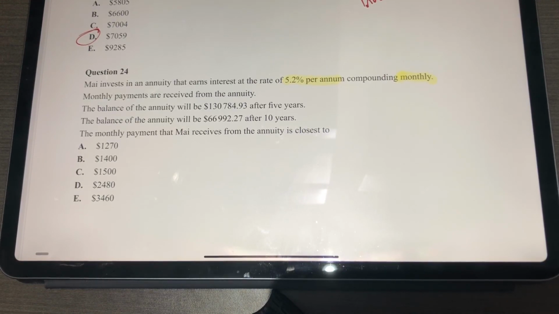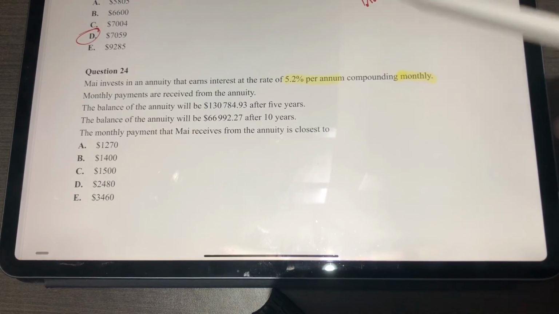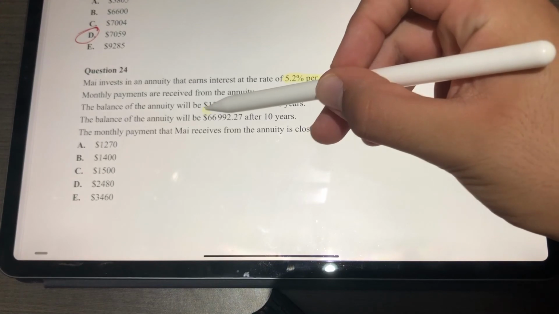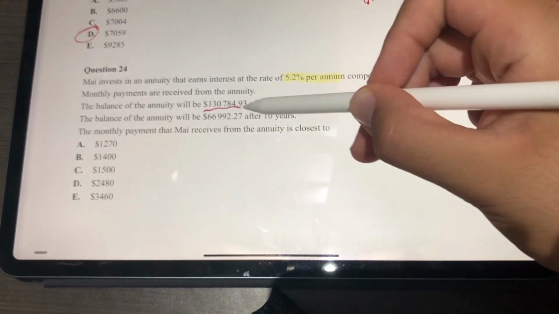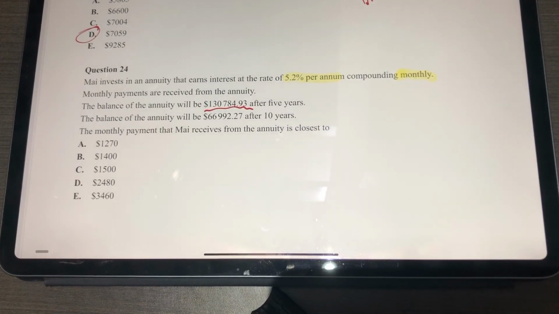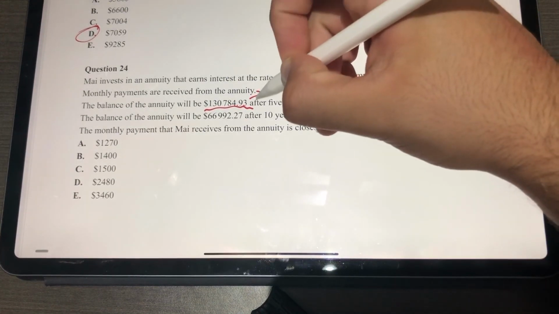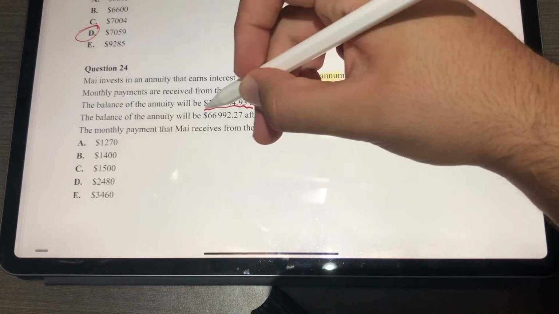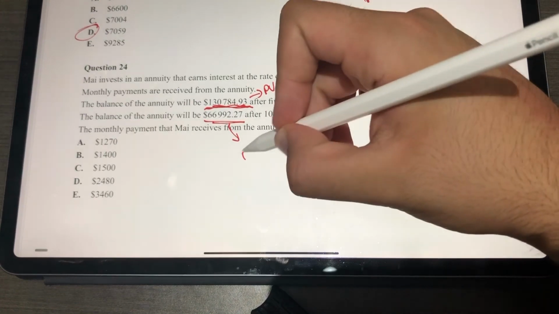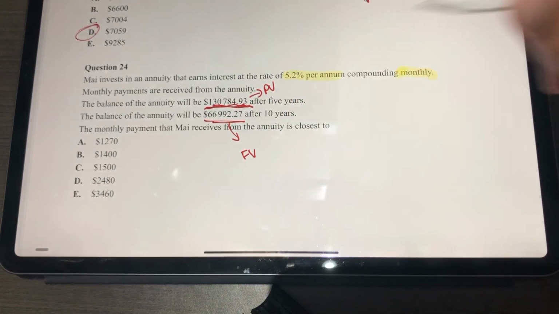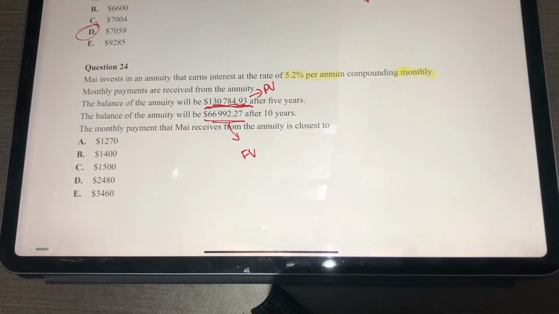So, to work this out, basically, it's saying that my original balance after 5 years is $130,784.93. So that is my present value. In 5 years' time, my future value, FV, is 66,000.